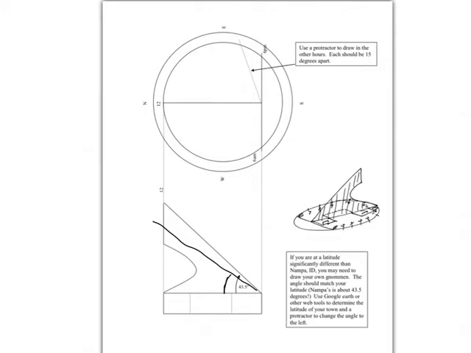So use a protractor to make them 15 degrees apart. Label them. So if this is 6 a.m., you'd have a 7, 8, 9, 10, 11, noon, 1, 2, 3, 4, 5, 6.